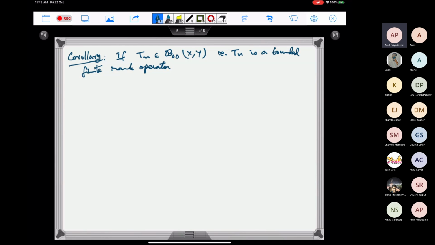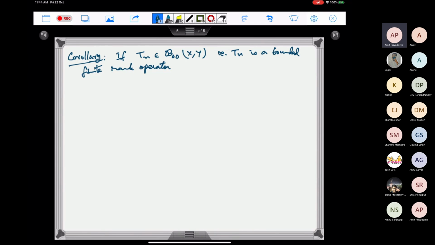That does not imply that the operator is bounded. Some authors, by finite rank operator, assume that it is also a bounded linear operator. So to be clear, let me write that this is a bounded finite rank operator.